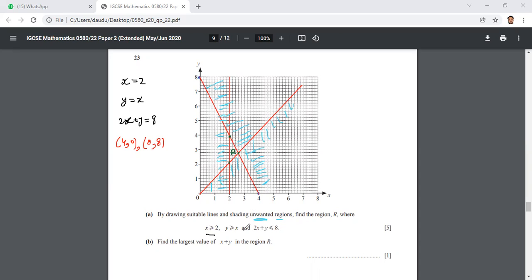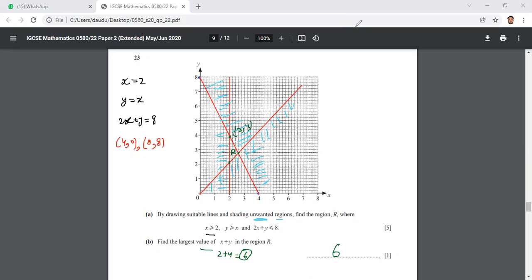That is close to 5 point something. And if I check this one, at x exactly 2, and this is 4, means this point 2 comma 4. It means this gives you the maximum value. X is 2, y is 4. That gives me 6, the maximum value. So we are looking to find the largest value of the region. So it is 6. I hope you get it.